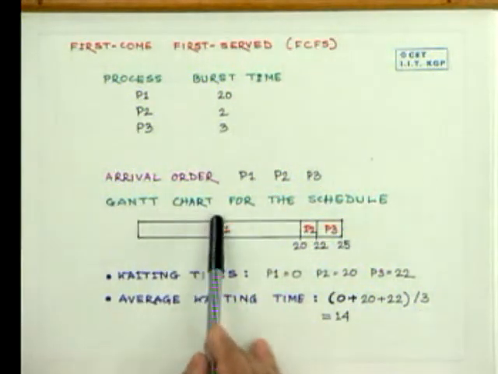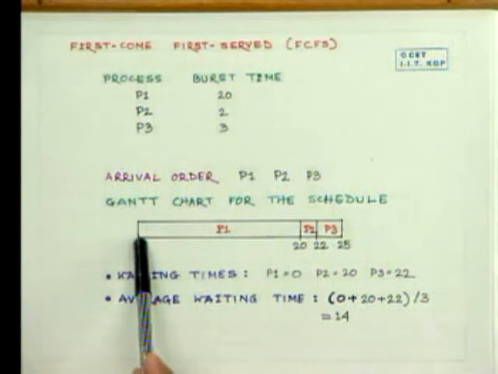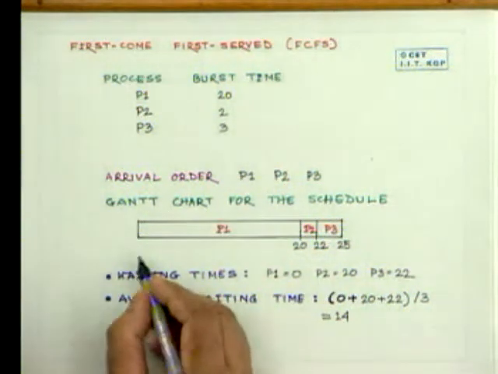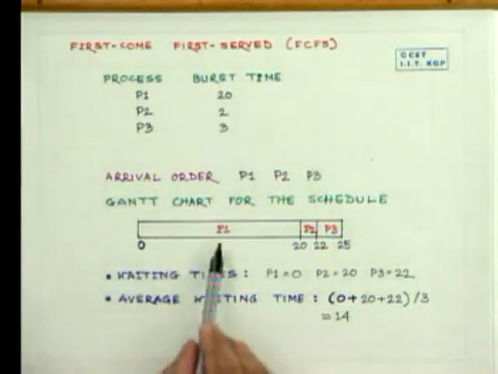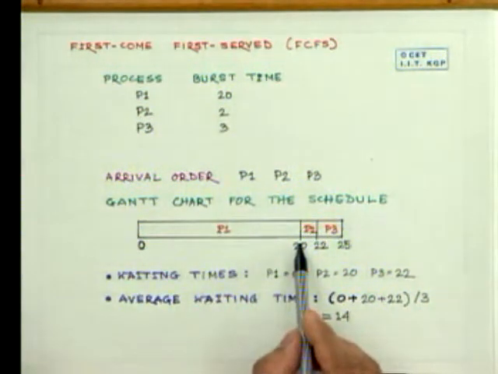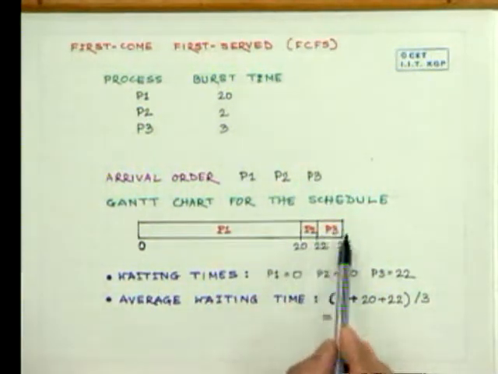Now the Gantt chart for the scheduling: for example, P1 is scheduled at the 0th instant of time, then P1 remains there for 20 milliseconds, then P2's turn comes because P2 came next, then P3's turn comes.